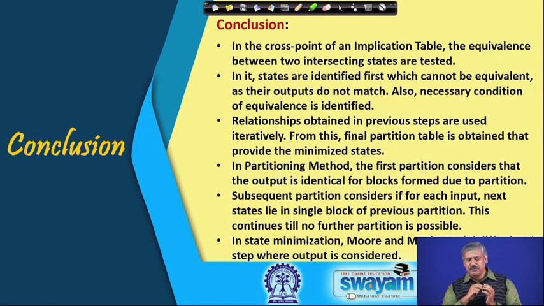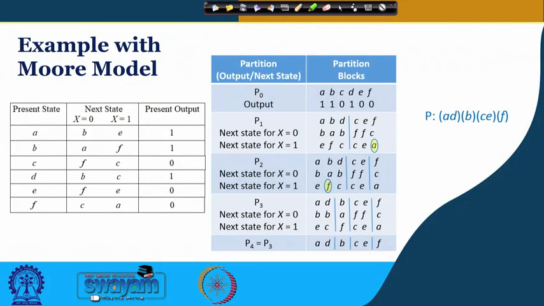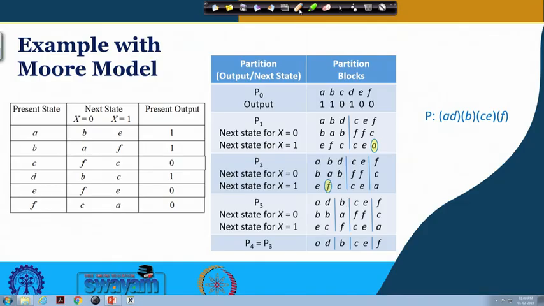And the difference between Moore model and Mealy model is in the first step, where output is considered. In Moore model, output is only from the current state, so the reference to x, the input, is not there. And remember, just one more point before we conclude. Here we considered only one input.